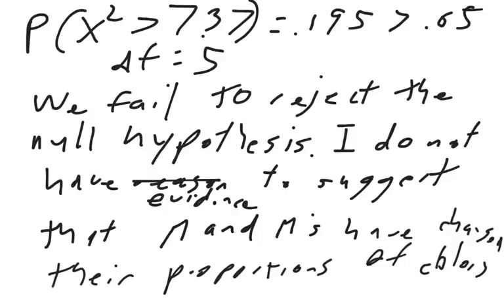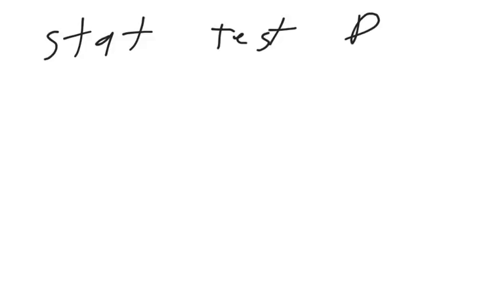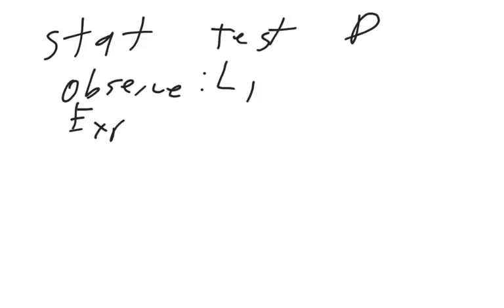Now, I said we could have a special little technology at the end. So, when you go to stat, and then you go over to tests, where all our great hypothesis tests are, we can go down to letter D, which says the chi-squared GOF test. And observed, we put down L1, and expected, we put down L2.